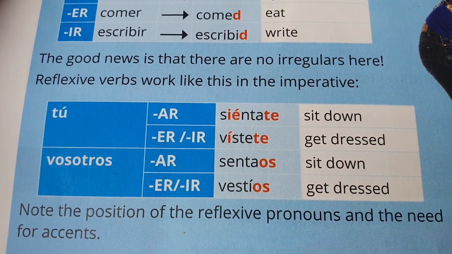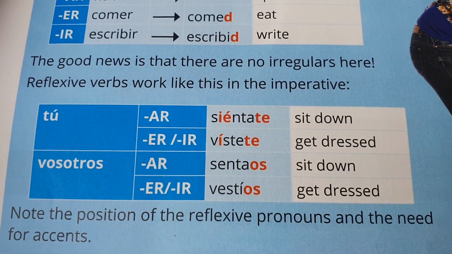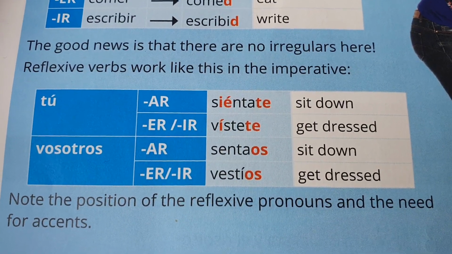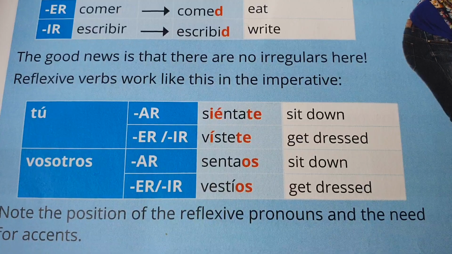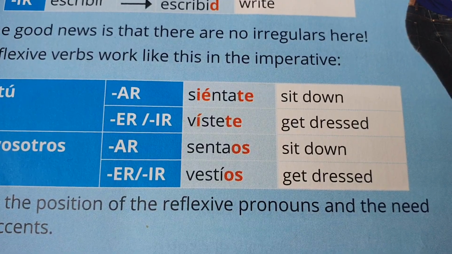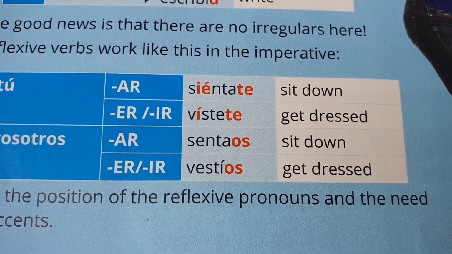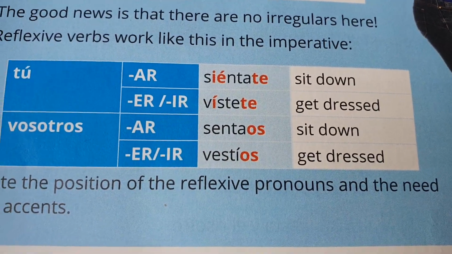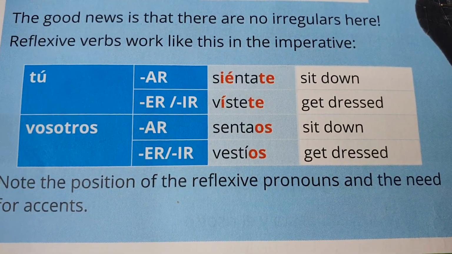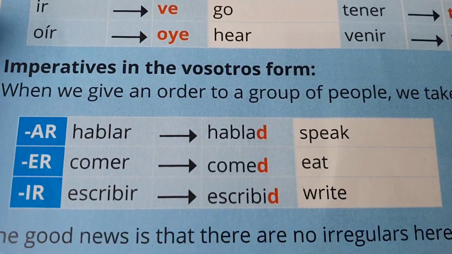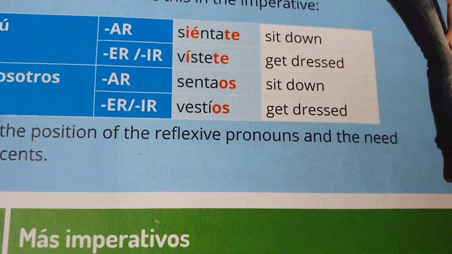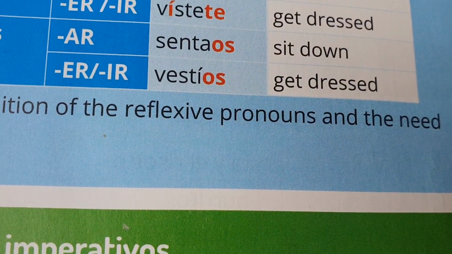To do vosotros, that's the you plural one, it's sentad, would have a d on it if we were to do it normally, and then os added onto it. Vestíos, so just os added onto it. So it doesn't do the radical changing for the you plural. Just like we did in the present tense, we never did radical changing for you plural. The same thing happens with this. We don't do radical changing for you plural. So it's the same as the vosotros one, except we've dropped the d. The d is gone, and then we add os onto it. Okay?